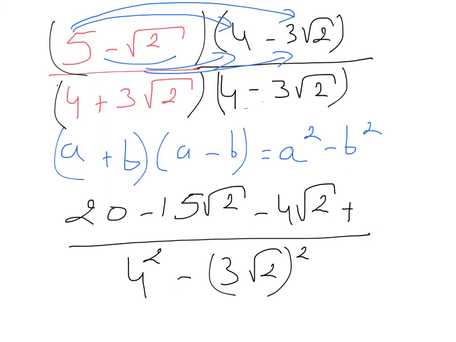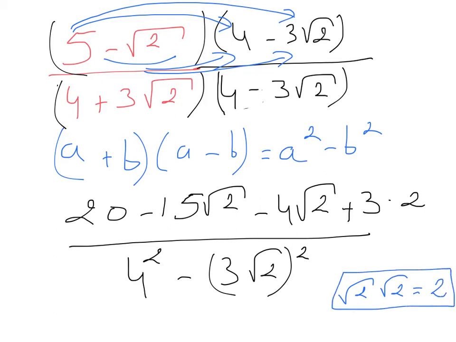So that's going to be 3 times 2. Again, let me just clarify this. Well, square root of 2 times square root of 2 will be equal to 2. Okay, so let's continue here.